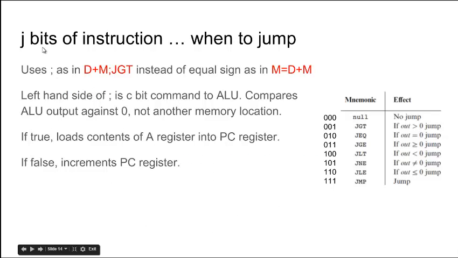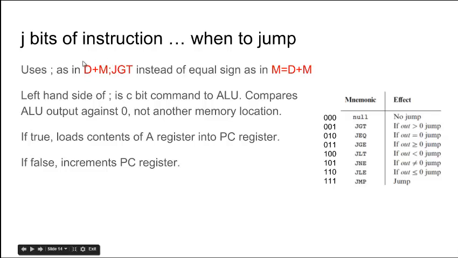Now the J bits are the jump instructions. And here on the left-hand side of, not an equal sign, but of a semicolon, we have the instructions to the ALU. And then the output of the ALU is looked at by the jump instruction and compared to 0.